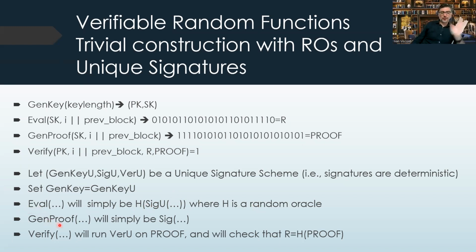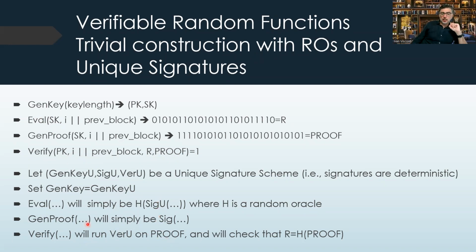What is the proof? Nothing special to do. Just the same. This is a typo here. It's again the same signature that I used here as an input to H. It's the output of the proof generation. Now the verify procedure wants to make sure that this pair R and proof really comes from the eval function. It will just verify the signature.